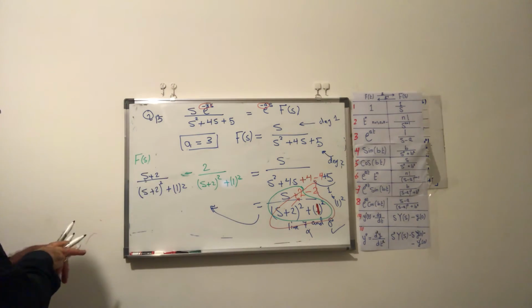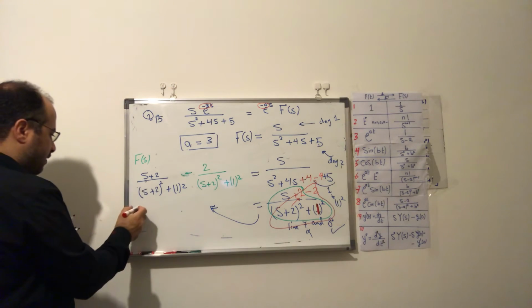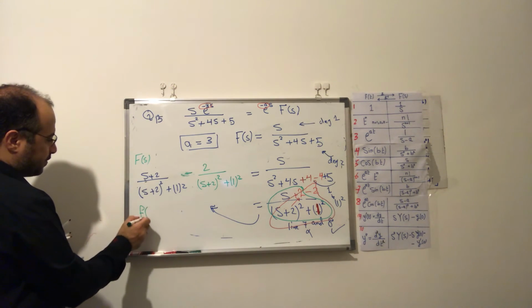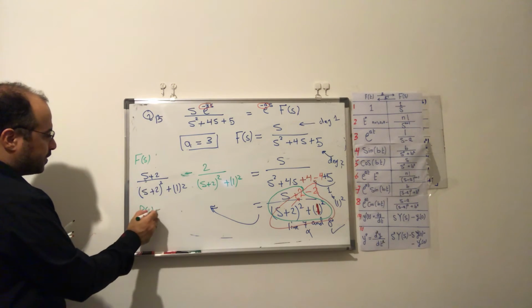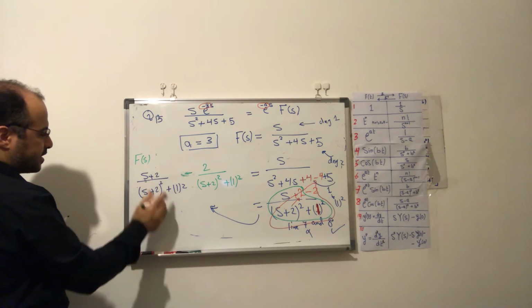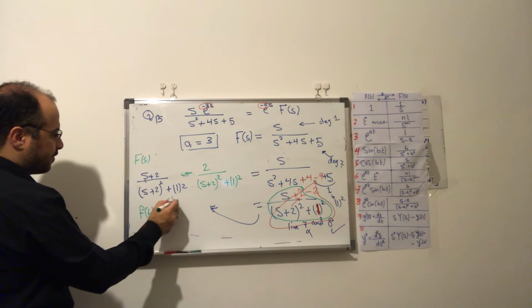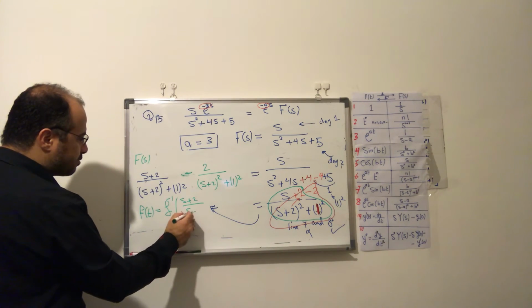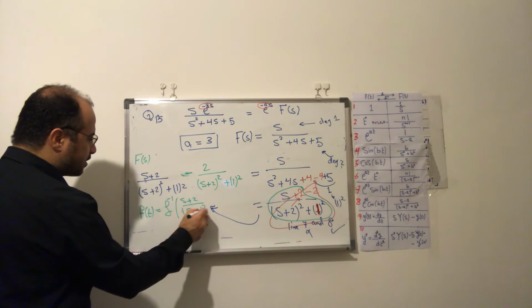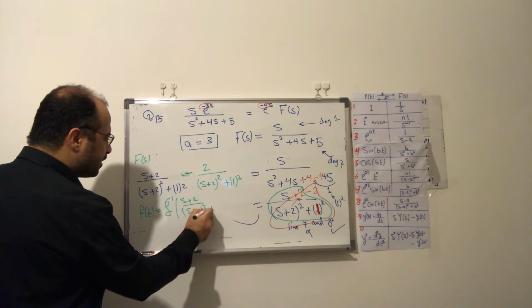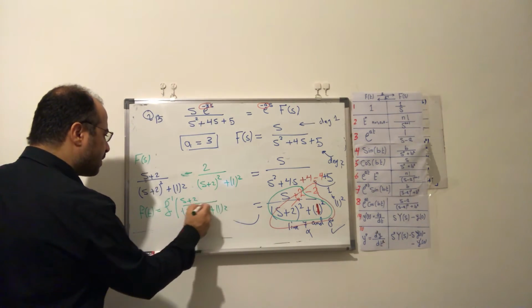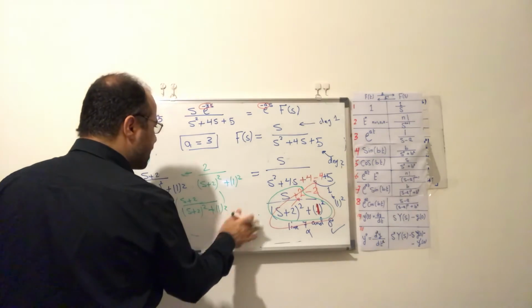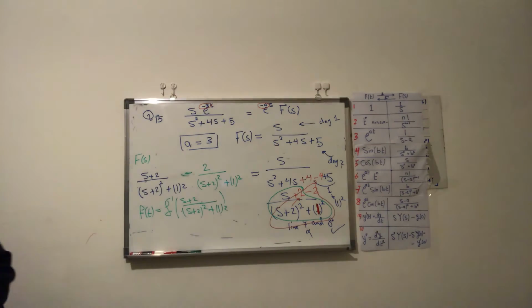Now I need to go with f small of t, right? What is f small of t? F small of t is the Laplace inverse of the first one, s plus 2 over s plus 2 squared, and then plus 1 squared.